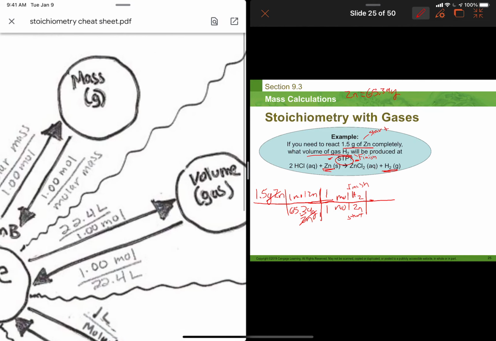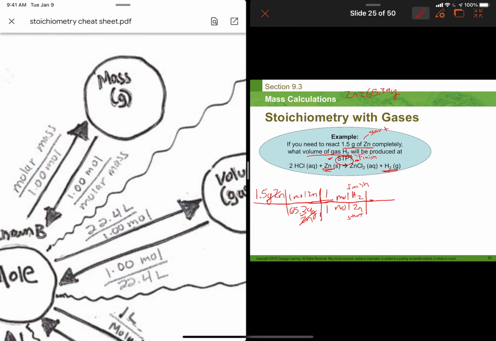Finally, we're going to move from mole to volume, and we use the fraction that's pointing towards volume. That means we use 22.4 liters of H2 over 1 mole of H2. This is how we get rid of moles of zinc and moles of H2. And that's it. Remember, multiply by the top, divide by the bottom.